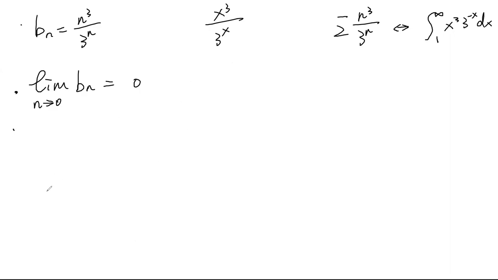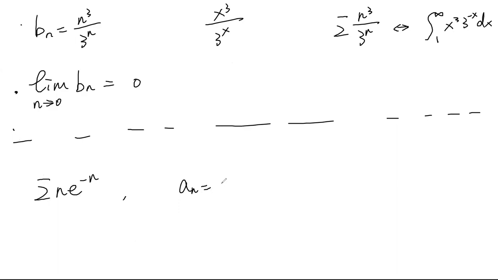For example, if you have the sum of n times e to the negative n, and you use the ratio test, because there is an e to some power here, the nth term is n times e to the negative n. The n plus 1 term is n plus 1 times e to the negative (n plus 1).